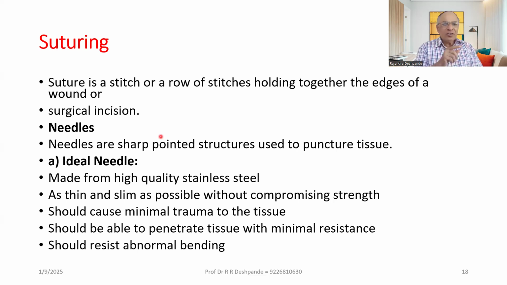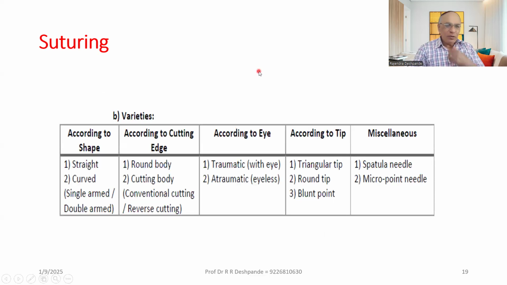Ideal needle should be able to penetrate the tissue with minimal resistance. Ideal needle should resist the abdominal bending. Now, here you can see the different varieties of suturing needles according to the shape. You can see on the left side, straight, curved, single arm or double arm suturing.